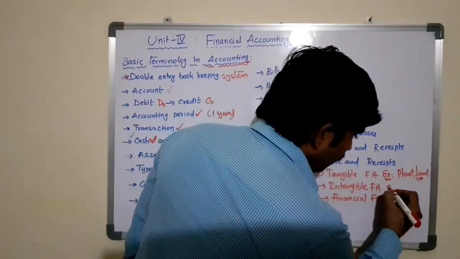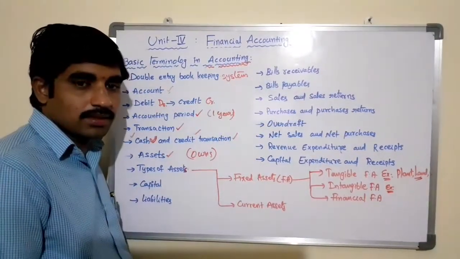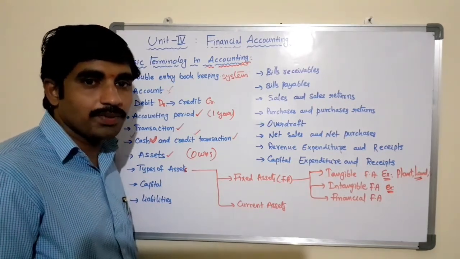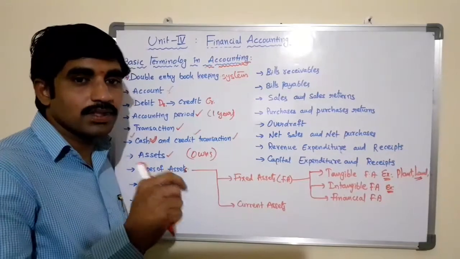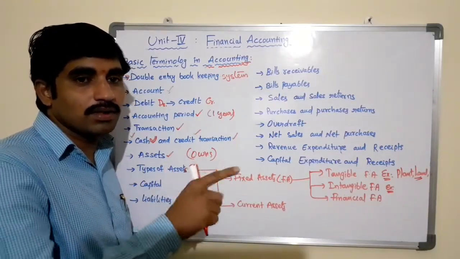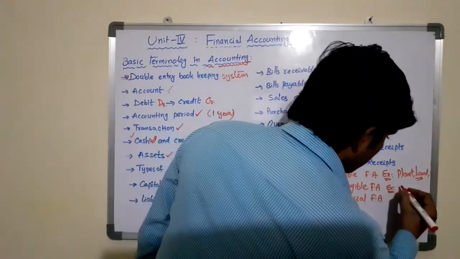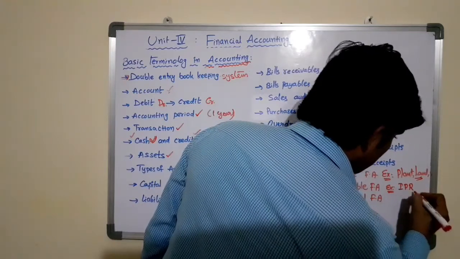Whereas intangible fixed assets are those which we cannot see and touch but which will give service to the company for a long period. Examples of intangible fixed assets are intellectual property rights.